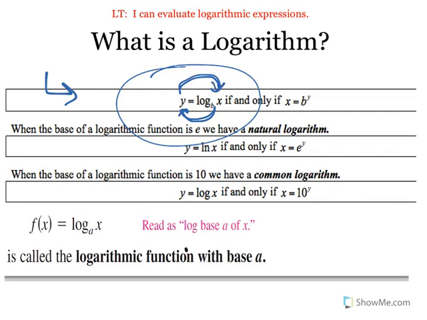Now compare that to the exponential over here. B to the y, x. If I rewrite that, that would be b to the y equals x. Compare that to the exponential function's writing.